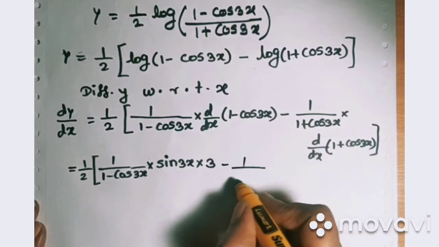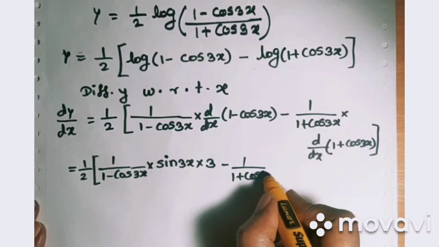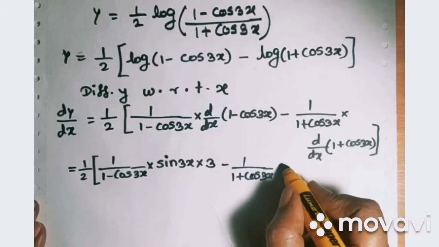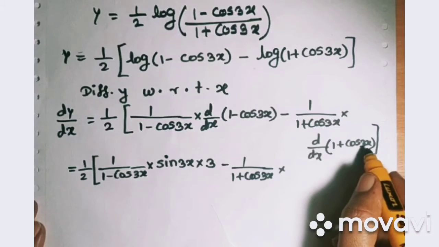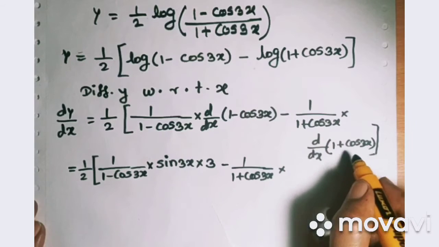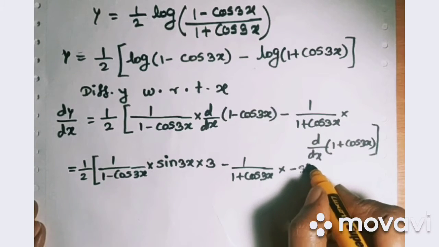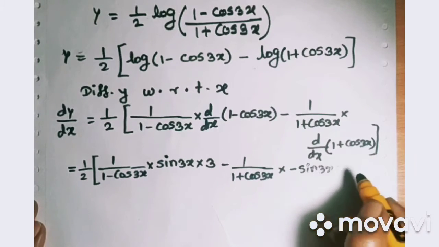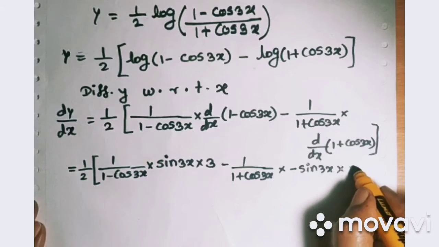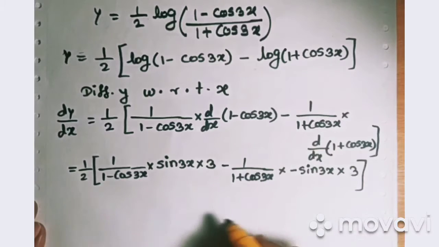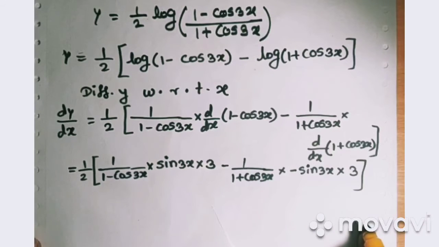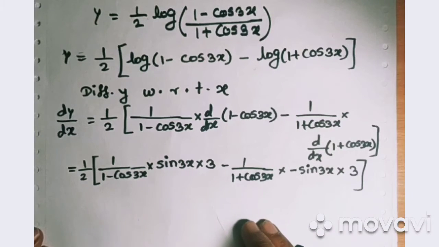Minus 1 upon (1 plus cos 3x) as it is, into the derivative, which is 0 for 1 and minus sine 3x for cos 3x, multiplied by the derivative of 3x, which is 3. We have completed the derivatives of all the functions, and let us simplify.